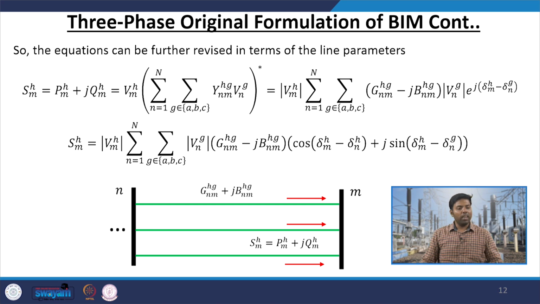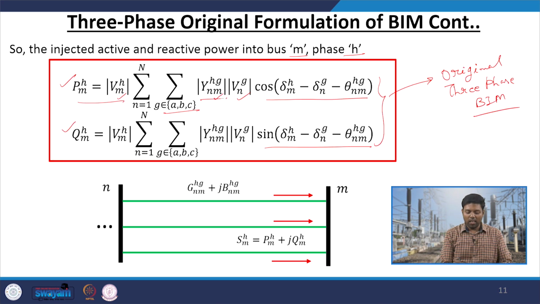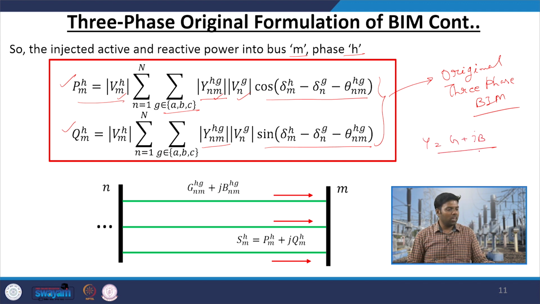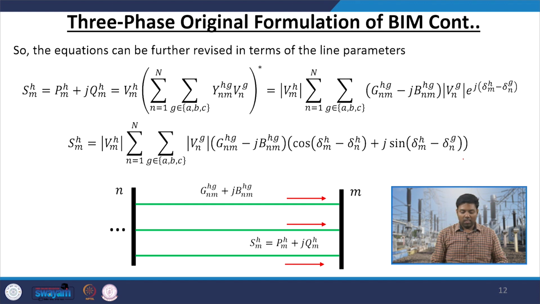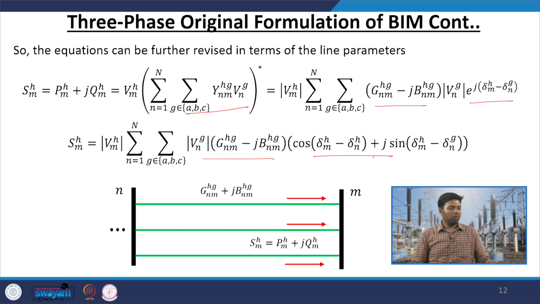So, if you expand it further, this Y_nm quantity is actually what? G plus jB, that means conductance plus susceptance. If we put this value here, then we get to the initial equation, with Y_nm conjugate. So, that will be G minus jB, the rest of the part will be the same, and just do the multiplication.